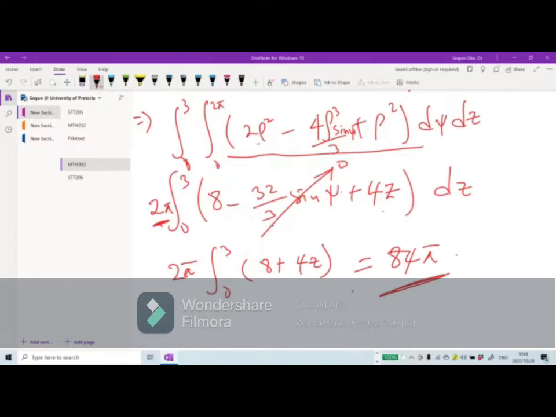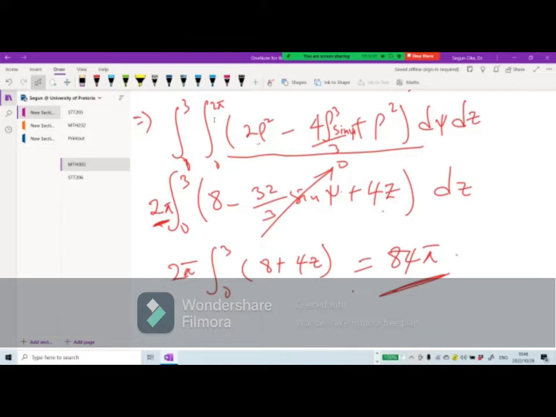So I want you to go and solve it and get your final answer out of it. That's all about divergence. You can lay your hands on some of the examples in your notes, and you will have the same answer. All you need to do is just follow the method, substitute the formula there, then integrate them.